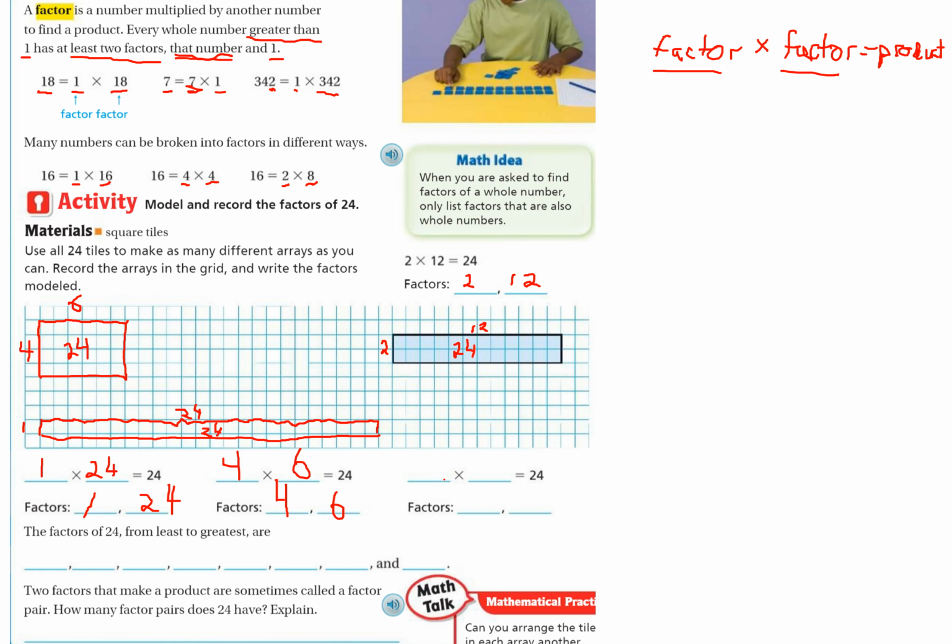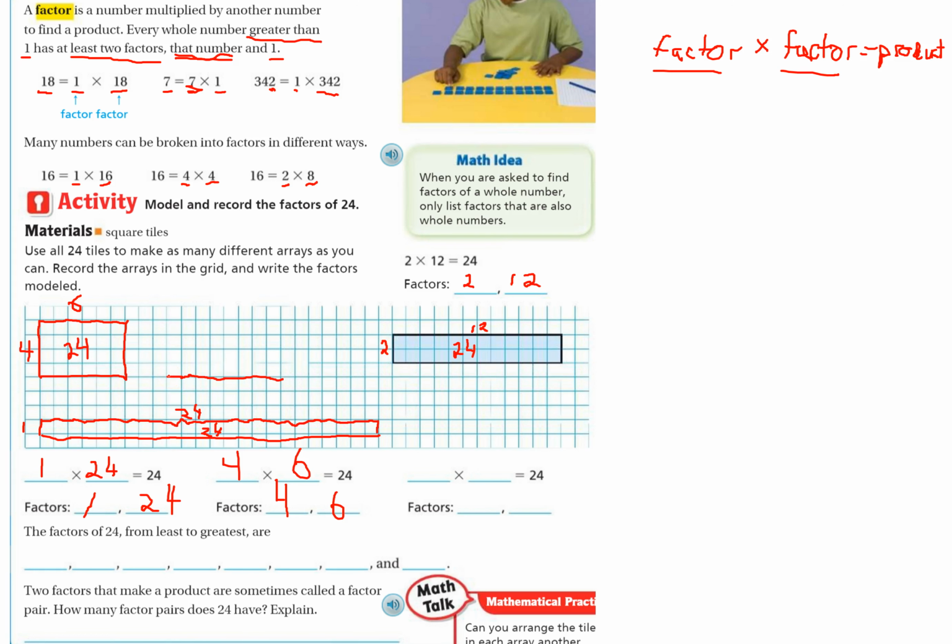Okay, how else can I get 24? Well, I know 8 will work, so I'm going to go over 8, just because I know I'm going to run out of room if I try to go vertically. So 1, 2, 3, 4, 5, 6, 7, 8.